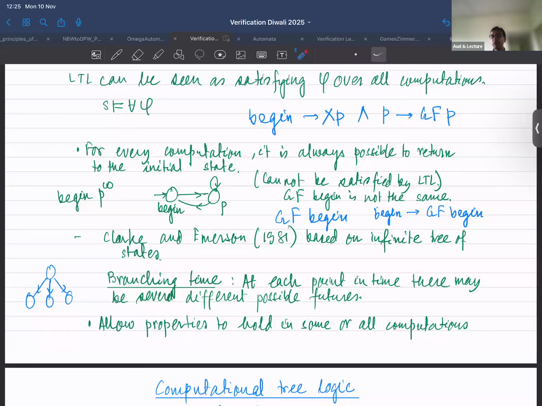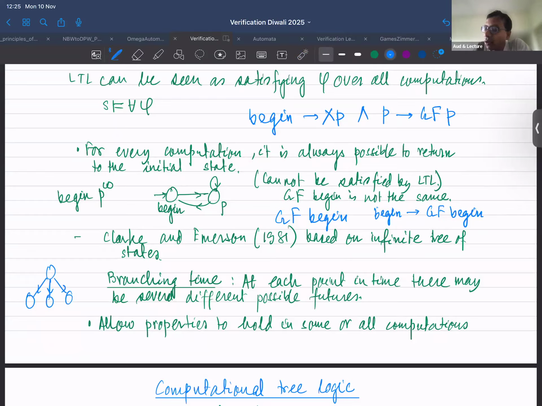Can someone suggest what should be the CTL formula? There exists a path from that state such that it can reach the begin state. What should I write here? Along all paths, suppose I start from here. This is my initial state. So what should be the formula corresponding to this? You are right. You have to say that it is always possible, there exists a path.